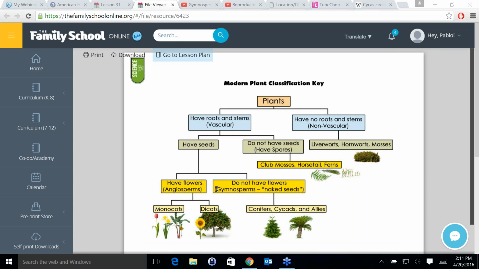Again, the word gymno means naked, a naked seed, because the seed is not covered with a fruit or any fruiting apparatus. And the gymnosperms, which are all the conifers, pine trees, firs, and so on, are these ones, okay?